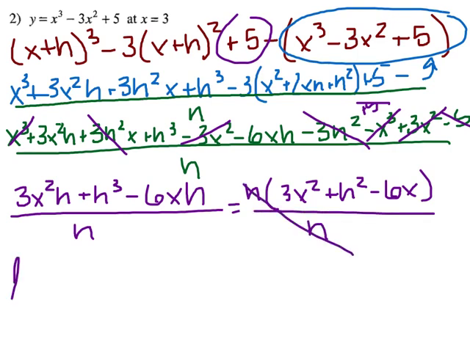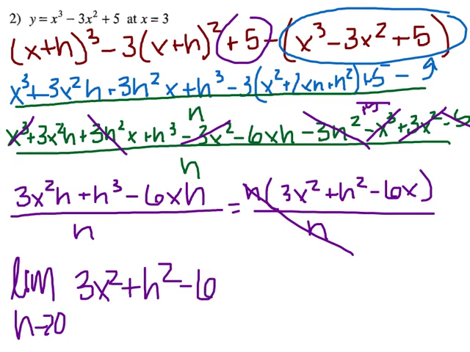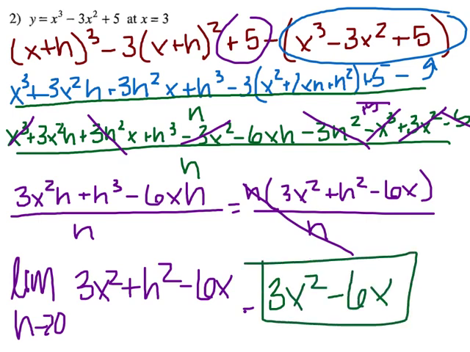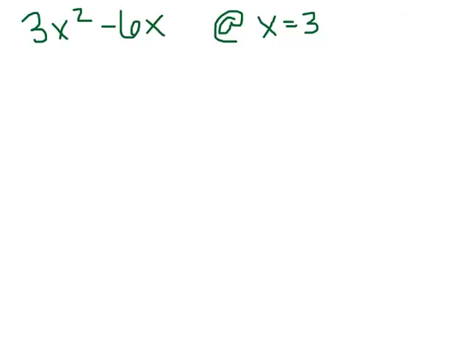Those will cancel, and we have the limit as h approaches 0 of 3x squared plus h squared minus 6x. There's no domain errors when we plug in 0, so we get 3x squared minus 6x. That is our slope. Follow me on to the next slide to find the normal and tangent line.